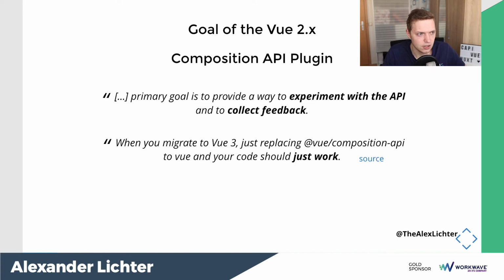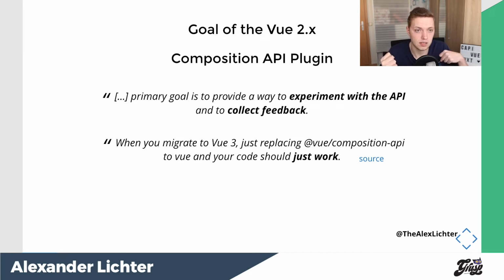And let's take a look at the goals of the Vue 2 Composition API. I just took them from the README actually, and it was saying that the primary goal is to provide a way to experiment with the API and to collect feedback. And I think giving feedback is still very important, but it was even more important during the whole RFC phase when things were still subject to change and people were trying out and figuring out how to do things the best way.